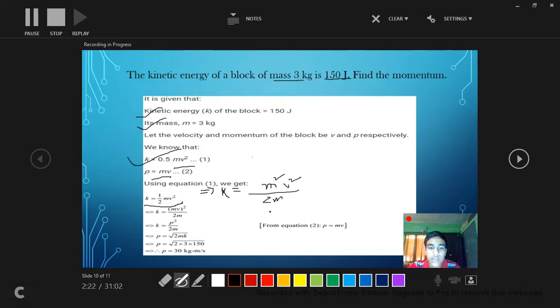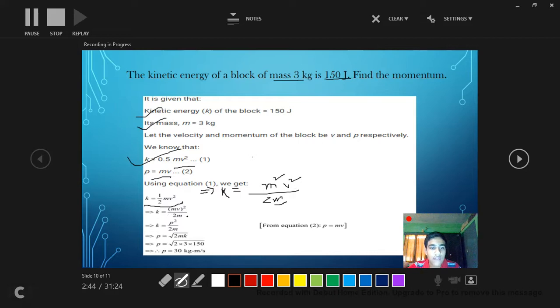Because here we have added one M. If we cut this M, and it is M into M, so one M cut and one M cut, the same thing will be there: half into mv square. Just an extra M I have taken. At last we'll understand why I have taken it, to prove it.